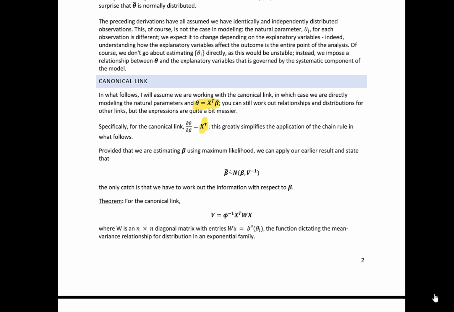So if we estimate beta using maximum likelihood, we can apply the earlier results, and we end up with exactly what we would expect: beta hat is approximately normal with mean beta, and the variance is given by V. The only catch is that we have to work out the information with respect to beta.